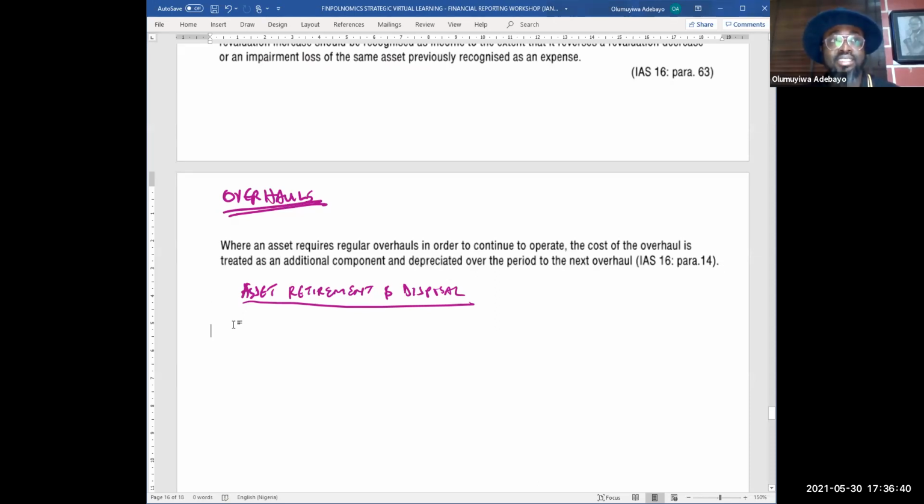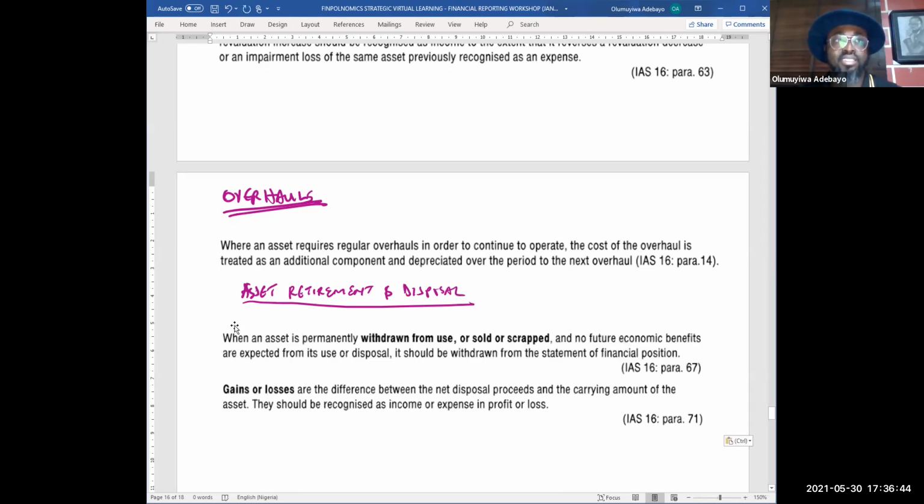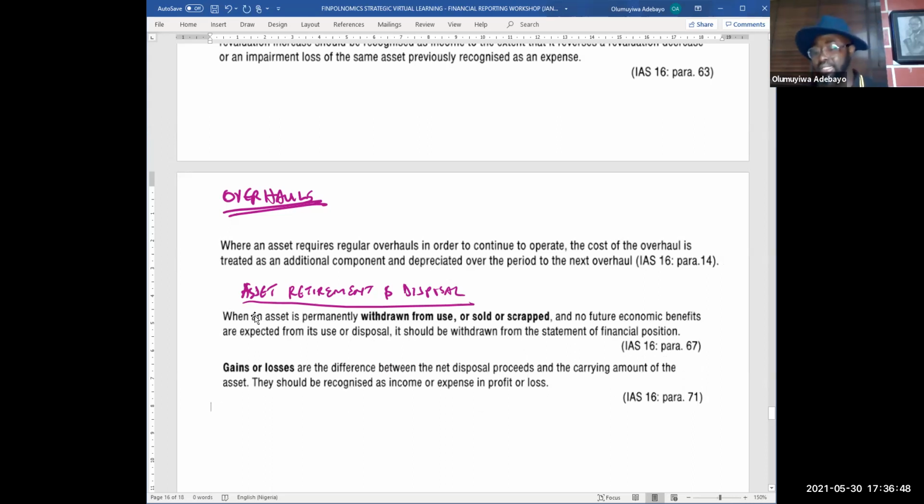Such an asset will be considered abandoned and should be recognized because it's no longer put to use. And when it is disposed of by scrapping it or by getting a certain amount out of it, it is deemed to have been disposed. Such disposal will be accounted for in order to ascertain whether there's a profit or loss on such disposal, to be recognized in the period that the sale was carried out.